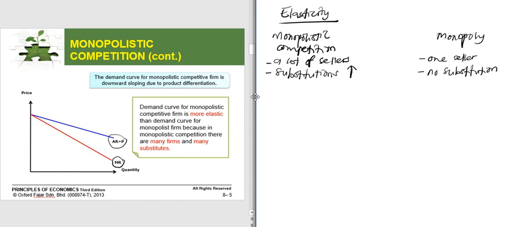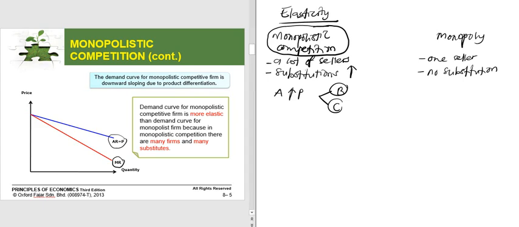So for monopolistic competition, consumers or buyers have a lot of options to buy. If, let's say, seller A increases the price of their product, consumers can actually buy from seller B or seller C, where the price is way cheaper, meaning they have substitutes for the same product.